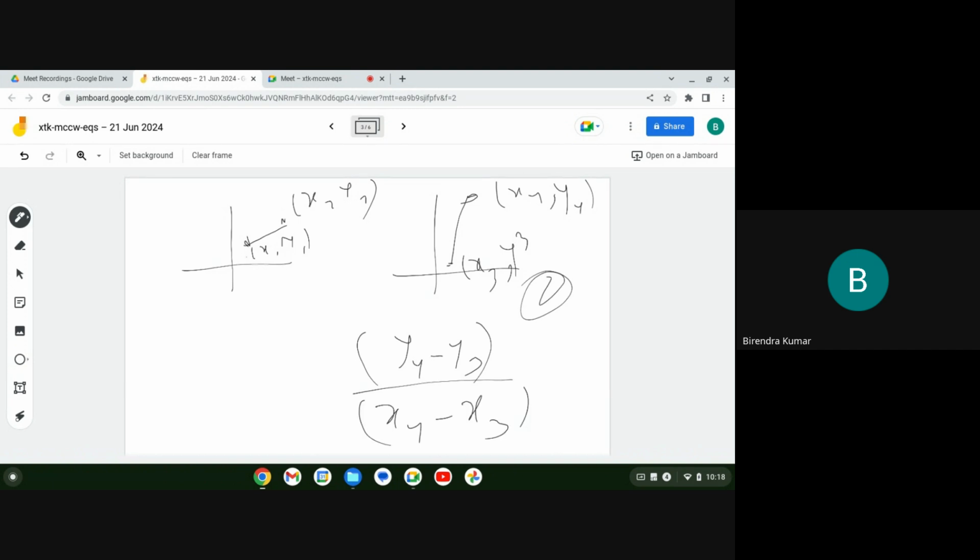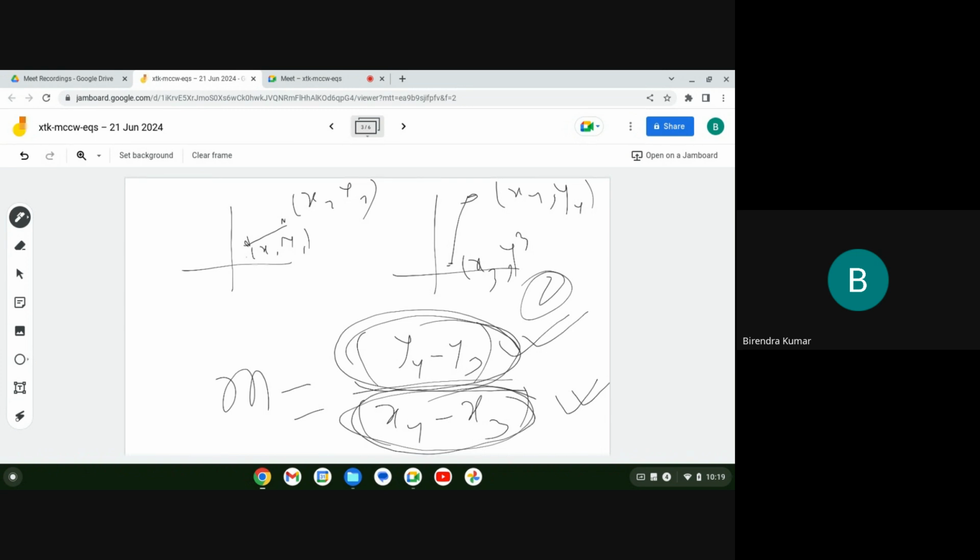For this much of change in y, this much of x has changed. So if I divide this by this, it says for every change of x, what is the corresponding change of y? And this is nothing but your slope. For every change in x, how much y has changed, that is your slope.